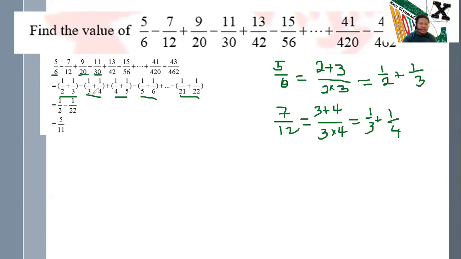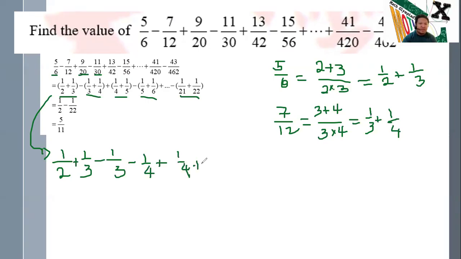And then after that one, this is the tricky part because I think we haven't distributed that one. So this one here, I'll be putting 1/2 plus 1/3. We'll be distributing the negative, so that's minus 1/3 minus 1/4, so that you will see what happened, plus 1/4 plus 1/5 plus that, until on the latter part, we have 1/20 plus 1/21 minus 1/21 minus 1/22, like that.